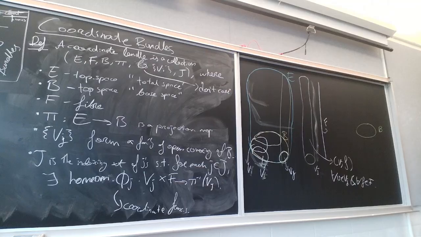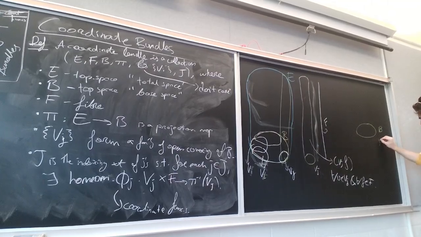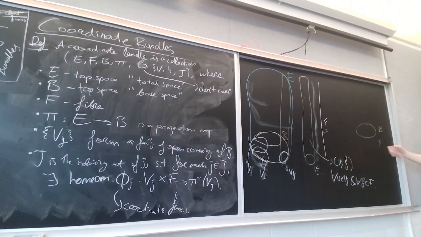Then I have this thing called a fiber F. In our case, later we'll care about when F is a vector space. And the point is that at every point of B, I have a fiber.